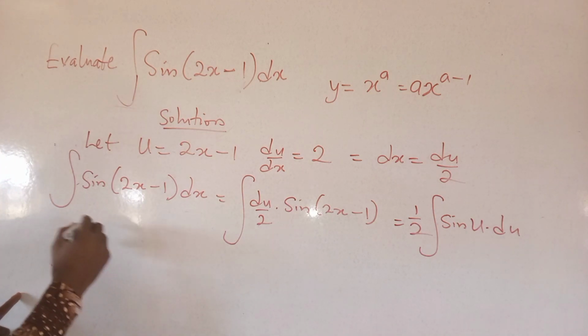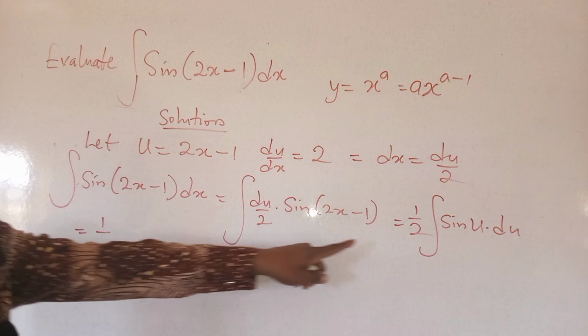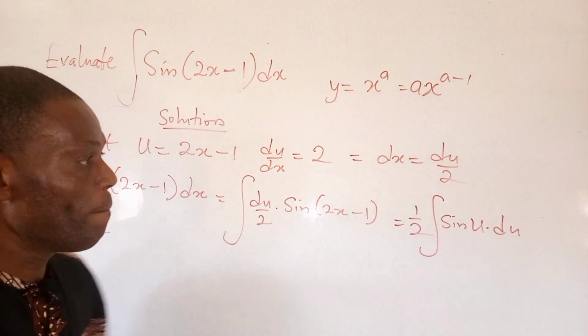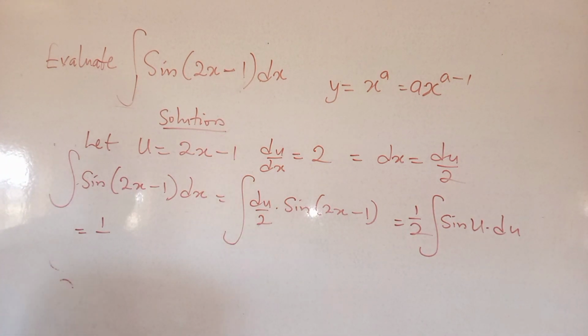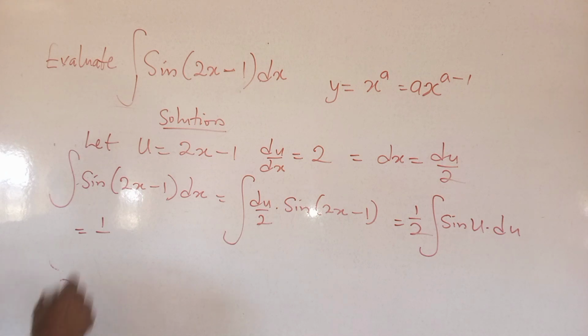So at this point, the integration of sine u du will give me minus cos u.